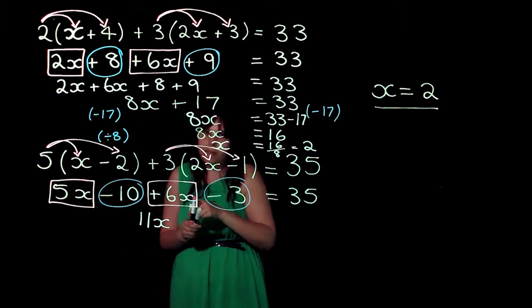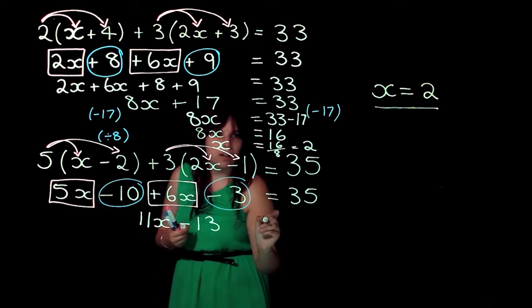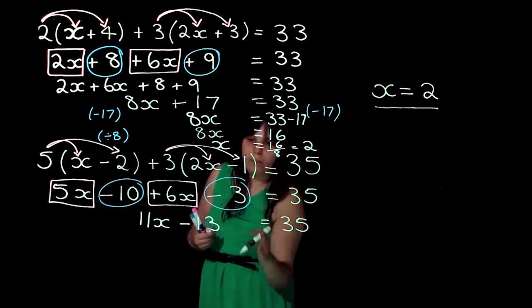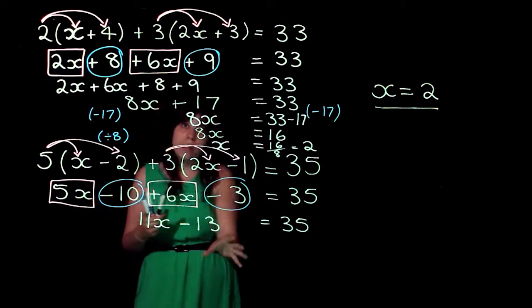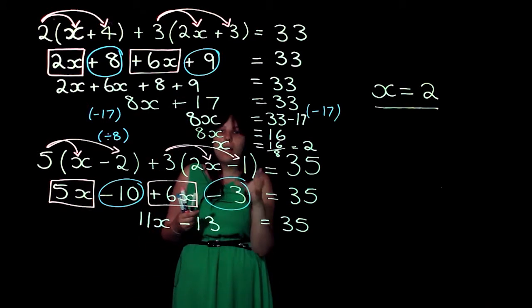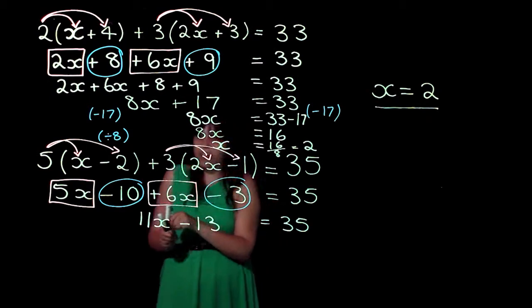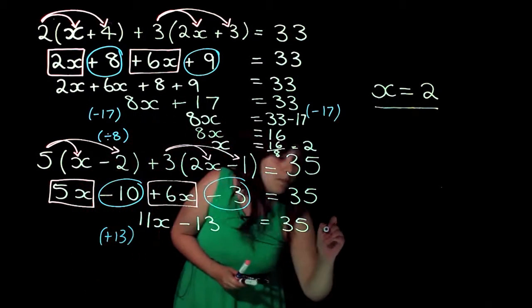And that's going to give me minus 13. And that equals 35. Remember to always keep your equal signs lined up. So I've got 11x and I'm taking away 13. How do I get rid of my take away 13 to get the x on its own? Well, I'm going to add 13. And I do that to both sides to keep them balanced.